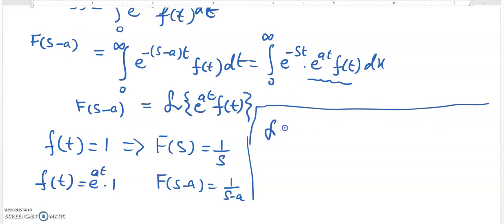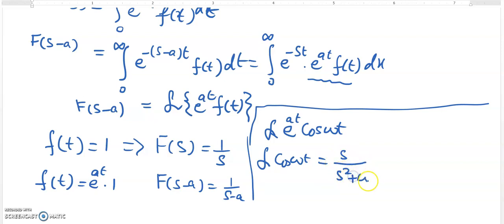For example, if we want to find the Laplace transform of e power at cosine of omega t, we already know that the Laplace transform of cosine of omega t was s over s square plus omega square.